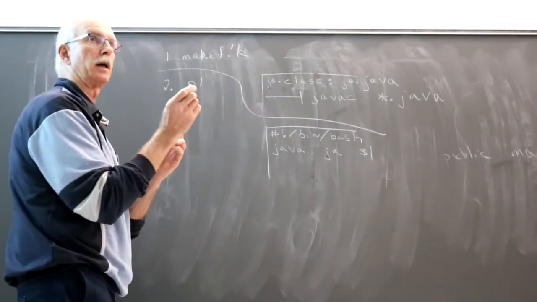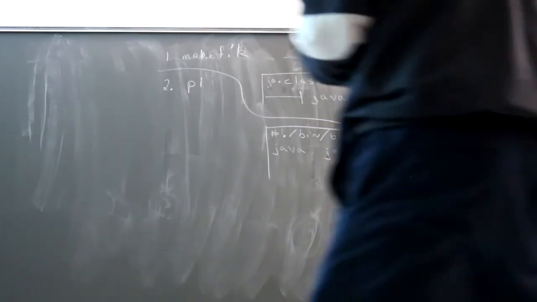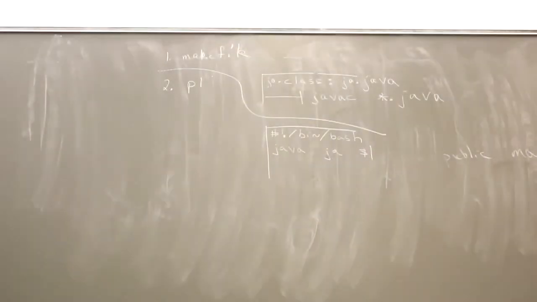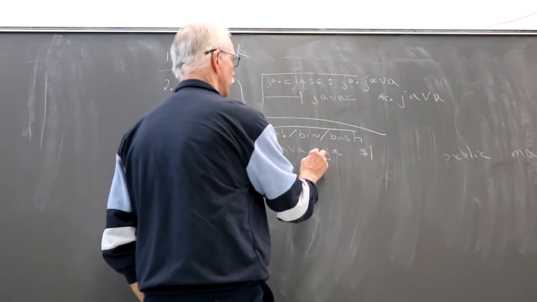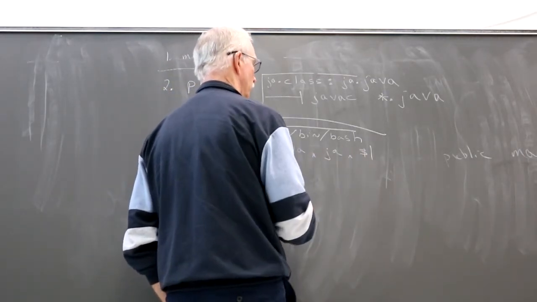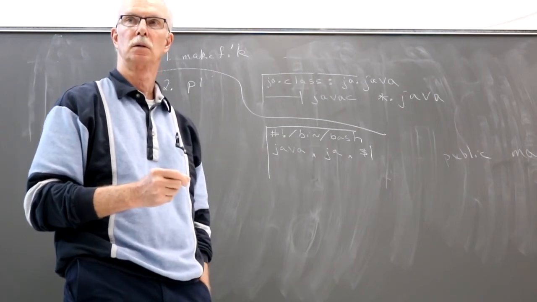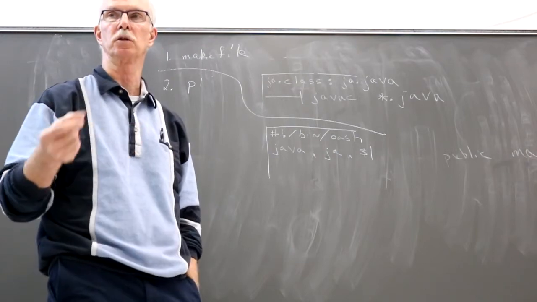So we create a file called just P1. Is it just java space, JA space, $1? The JA is the file name. All of those names are consistent.